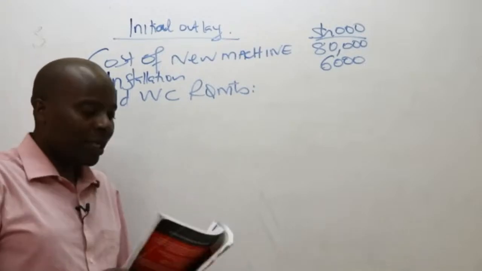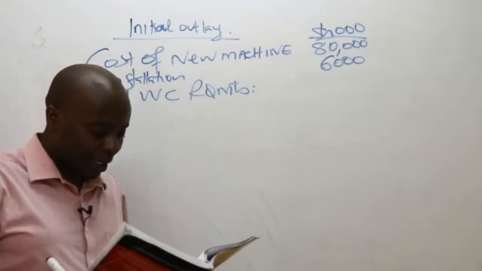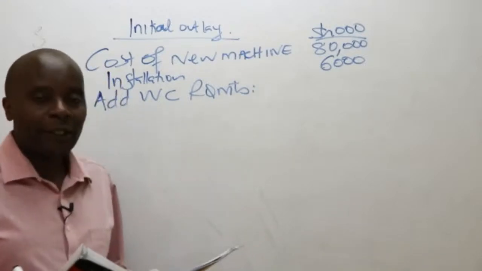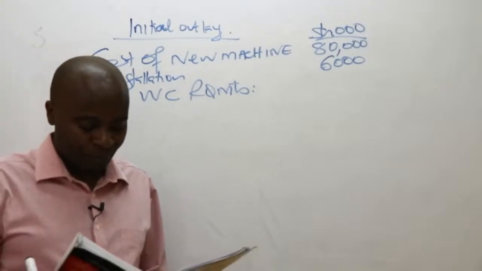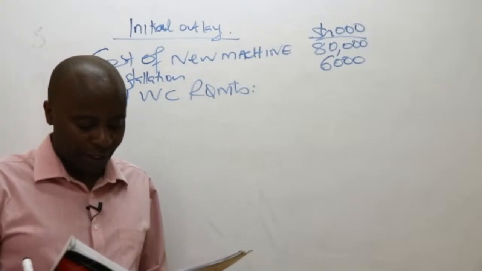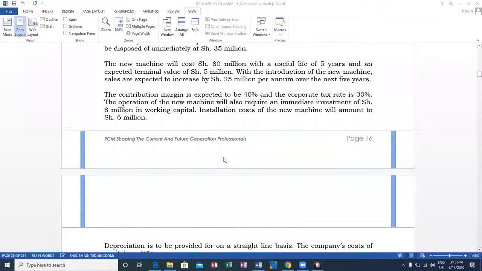The examiner, in the third paragraph, second last sentence, says the operation of the new machine will also require an immediate investment of shillings 8,000. I'm cutting the 3 zeros. So add the working capital requirements. How much here, somebody? 8,000.